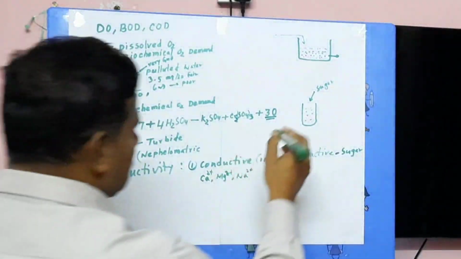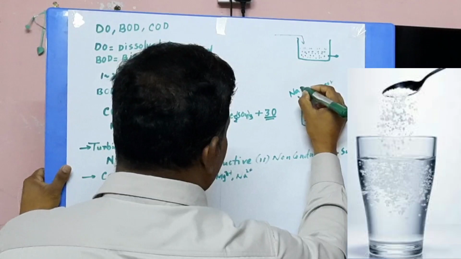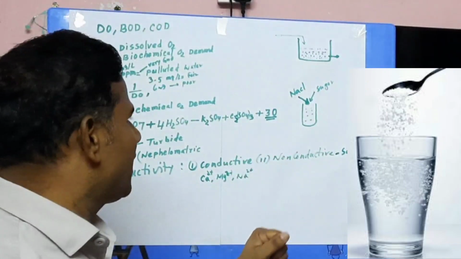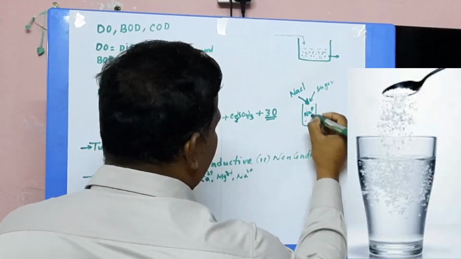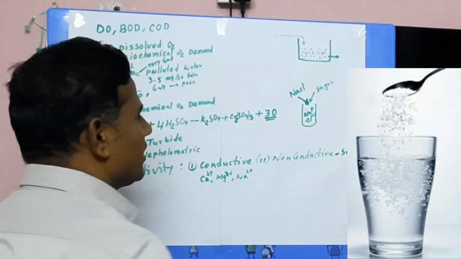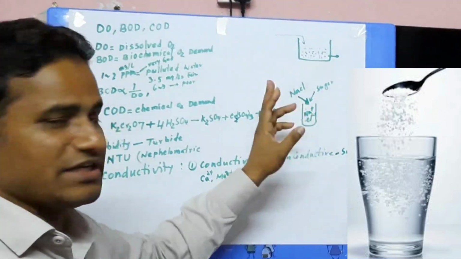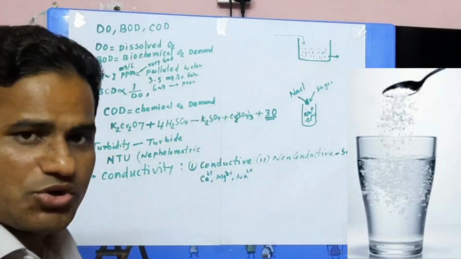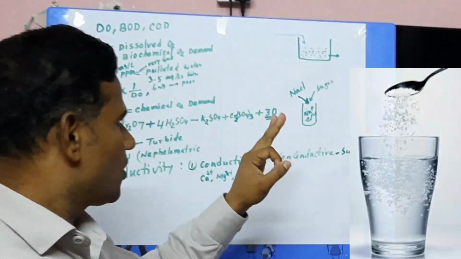But if you put salt like sodium chloride in this water, what will happen? Sodium has a positive ion and chloride has a negative ion. So positive and negative ions will be present and electrons will be present. If electrons are available in the water, that time this water has conductivity.